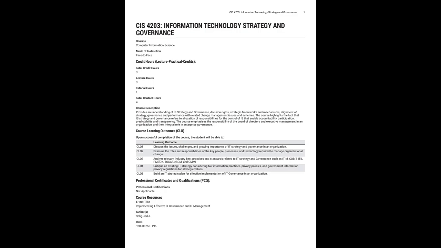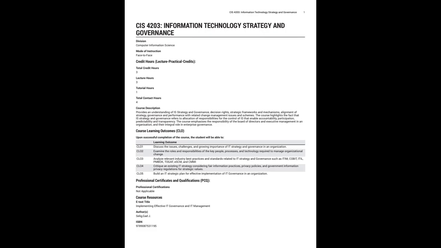CLO5: we have learned all about IT strategy and governance, then we will need to create a plan for effective implementation of IT governance in an organization. When we talk about effective planning, it means that the IT policy and plan should align with the business objective of the organization.